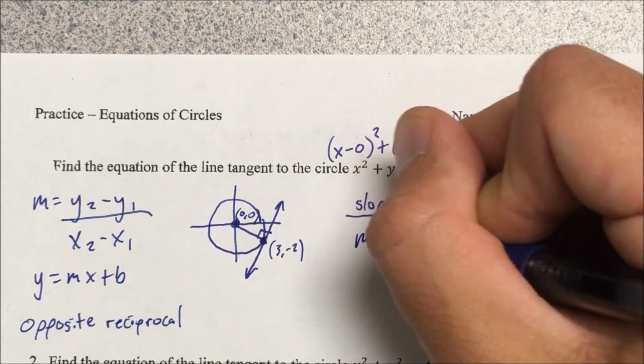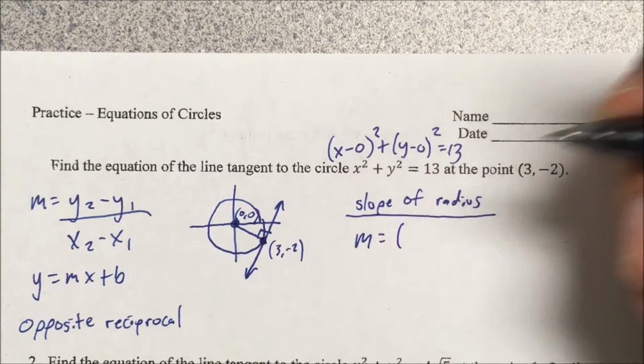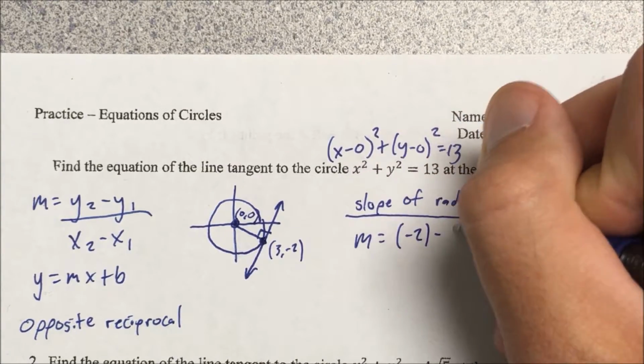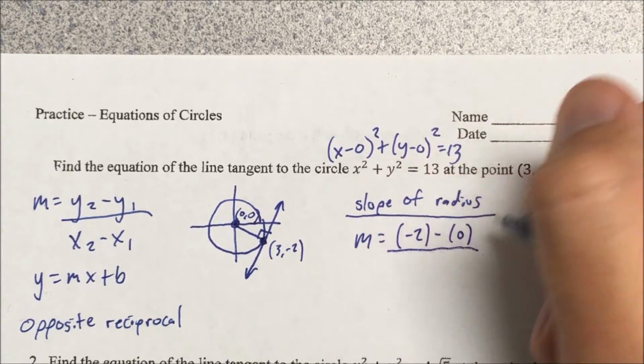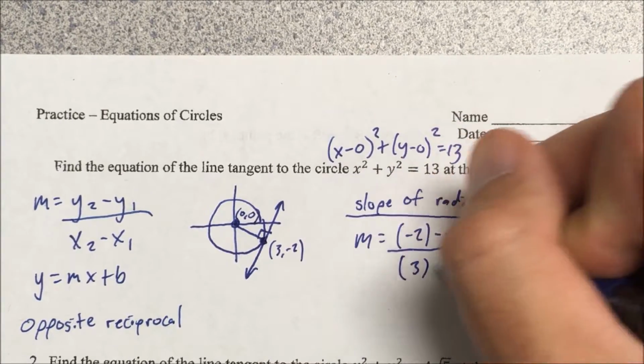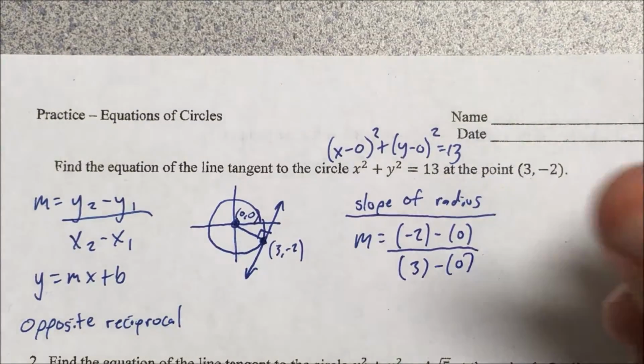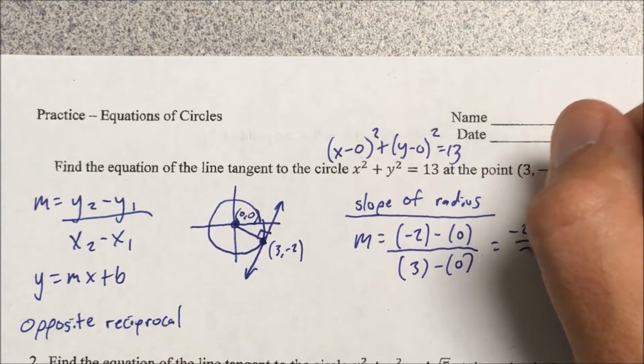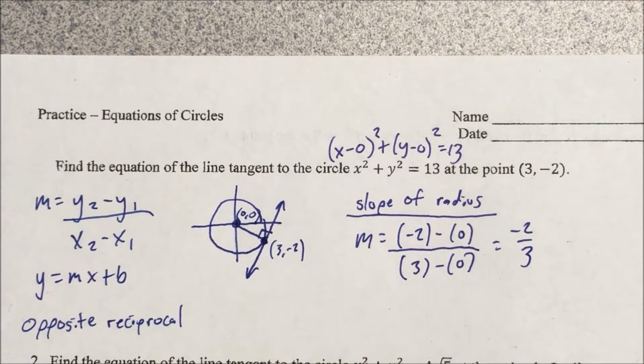That's going to be m equals the change in y's, so that's -2 minus 0 over 3 minus 0. So that's just, what, -2/3? So that's the slope of the radius.